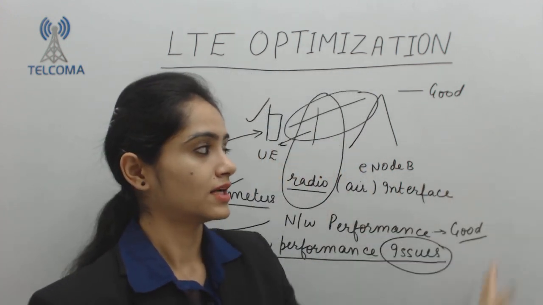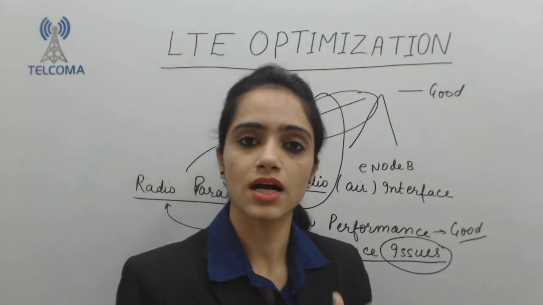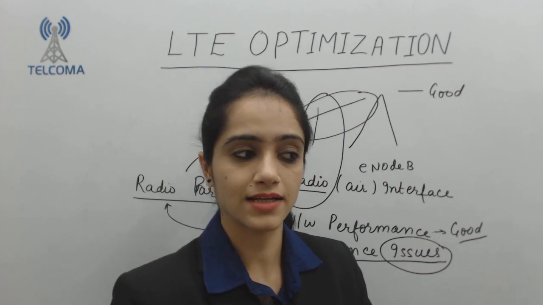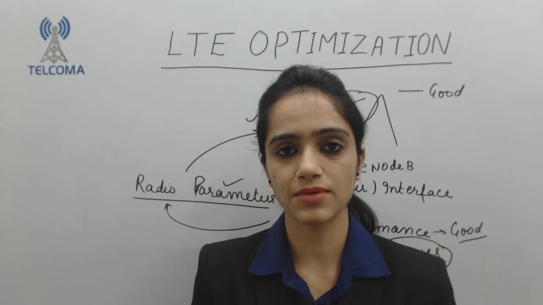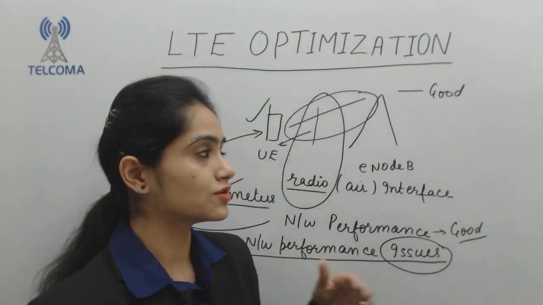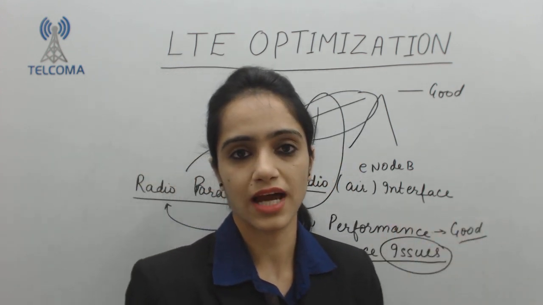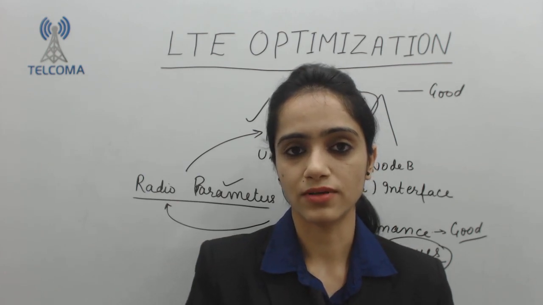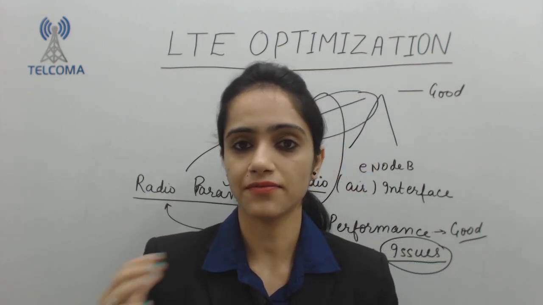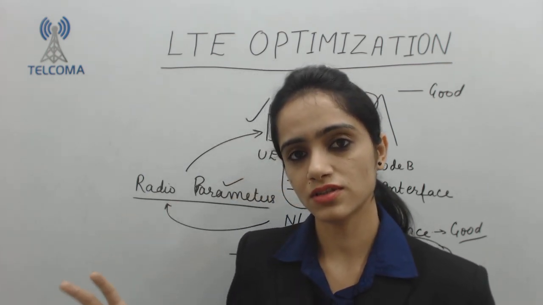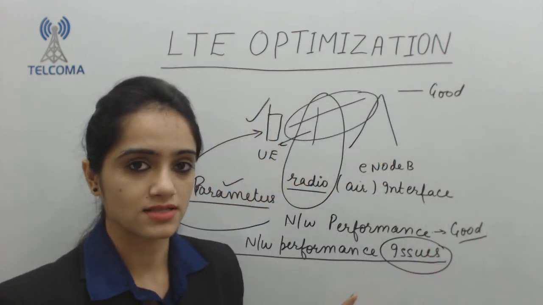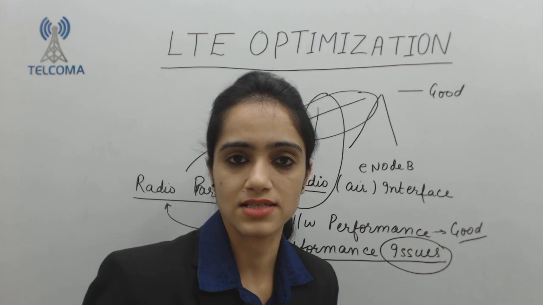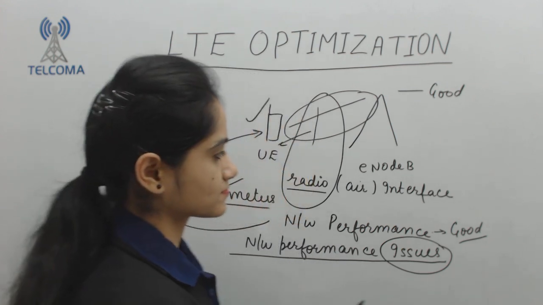As I have deployed the network, it is not always 100% accurate. It will have some issues, so there should be regular optimization so that you can remove the particular issues we are facing. Finding issues and finding solutions is basically the work of the optimizer, or the process is the optimization process.